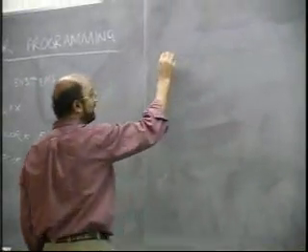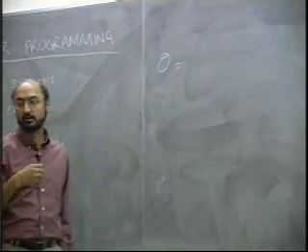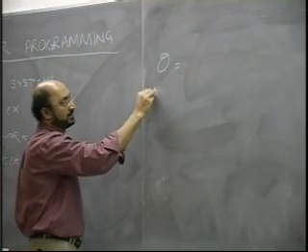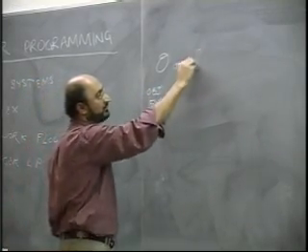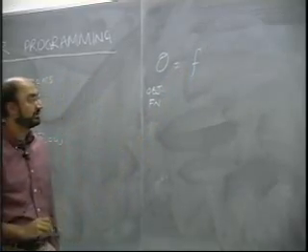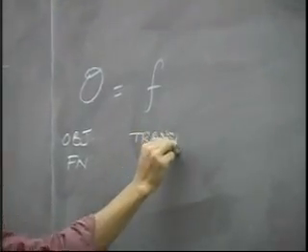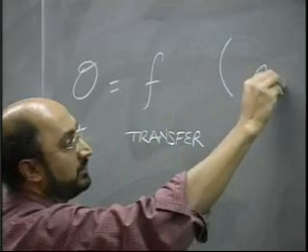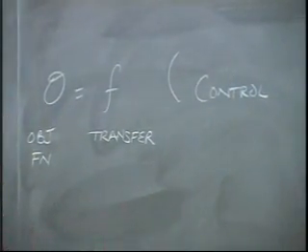So we essentially have some O, which is the output, the objective function that we want to optimize, and that objective function is some function f, which is the transfer function, of some set of control variables. Actually, I should keep the notation consistent and just put it over here.